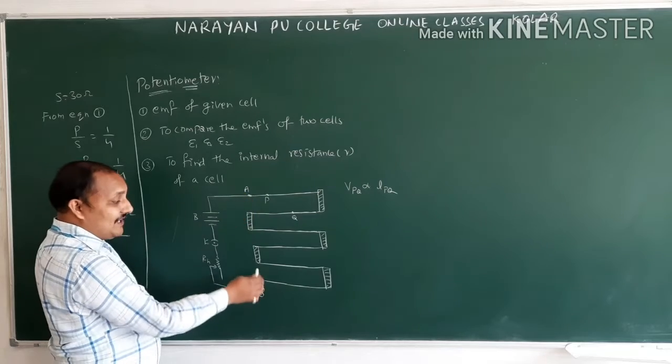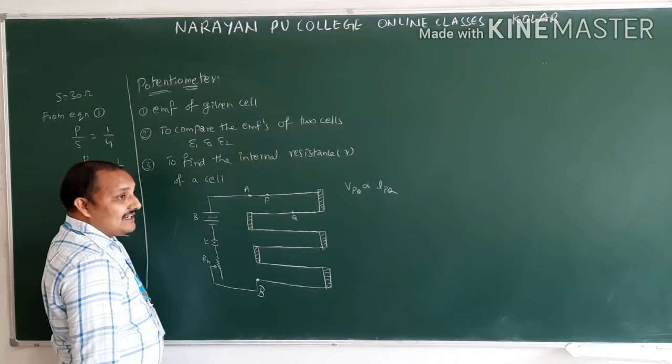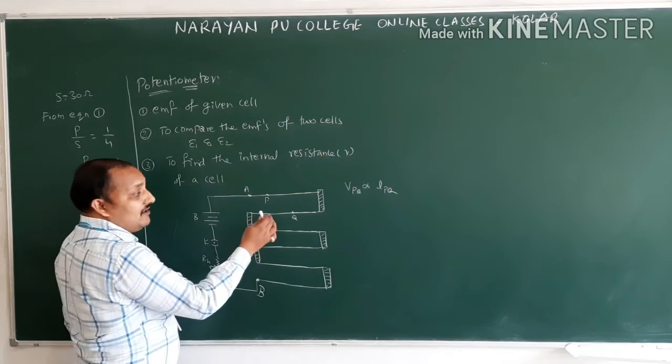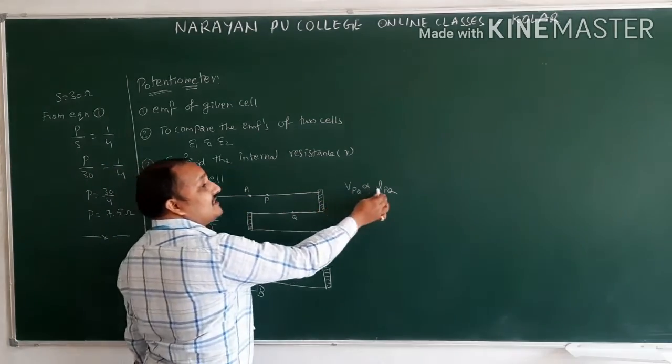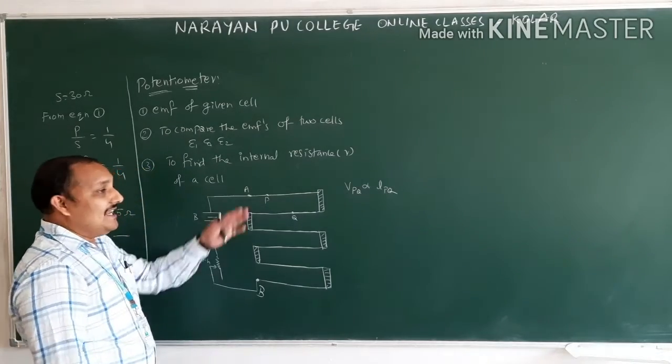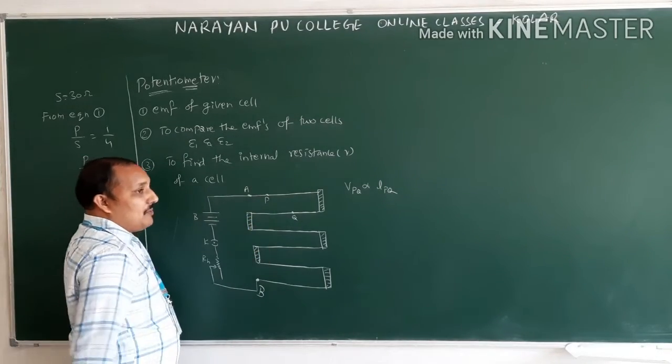The total length is different; here the total length is 600 centimeters or 6 meters. But whichever 2 points you take, the potential difference is always directly proportional to the length of that portion of the potentiometer wire.